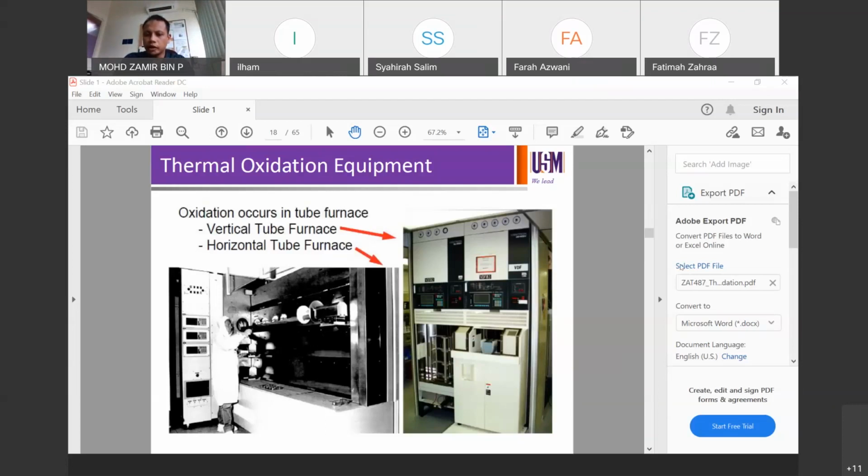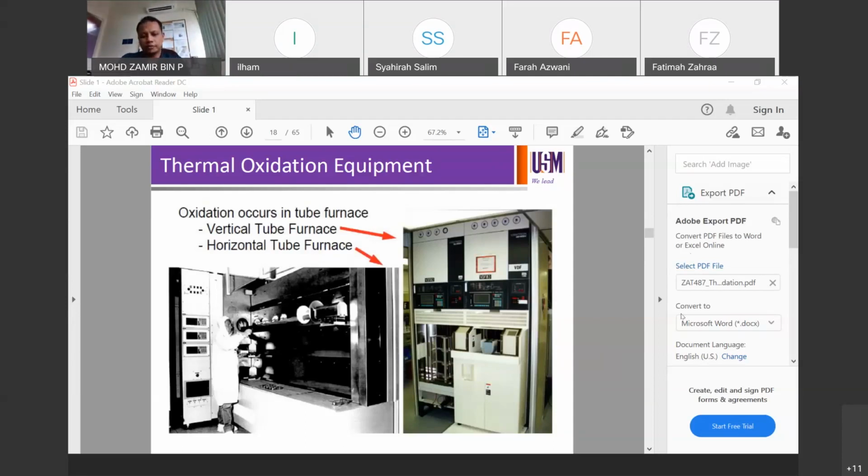Why do we grow oxide in our fab? Anyone? Zuriati? Kenapa kita grow oxide? What is the function of oxide?